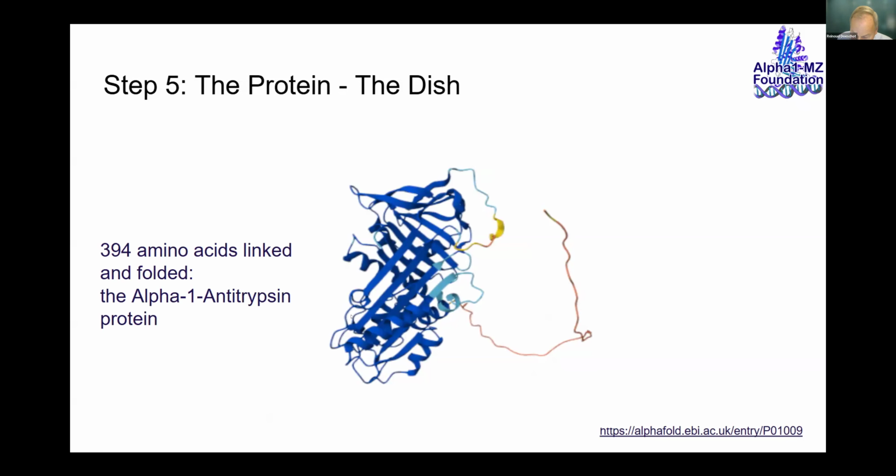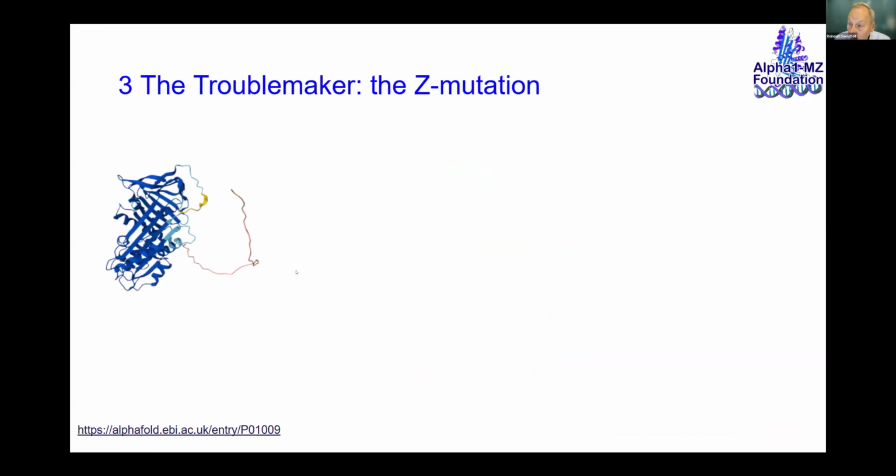Even if just one amino acid in the protein is wrong, and you see here the green square, that's the place where the Z mutation is, it can mess up how the protein folds. It's like bending a paper origami the wrong way. The shape of the protein is absolutely critical to its function. In our case, trapping elastase.